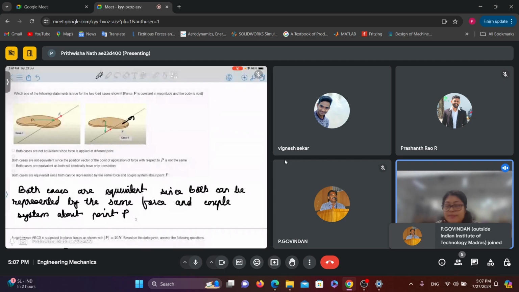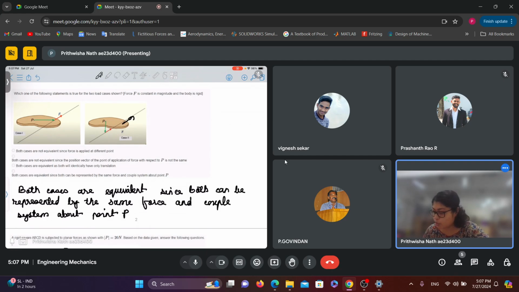Let me explain the first question once again. Here is a picture that shows two cases. There are 4 options to this question. First option is both cases are not equivalent since force is applied at different points.